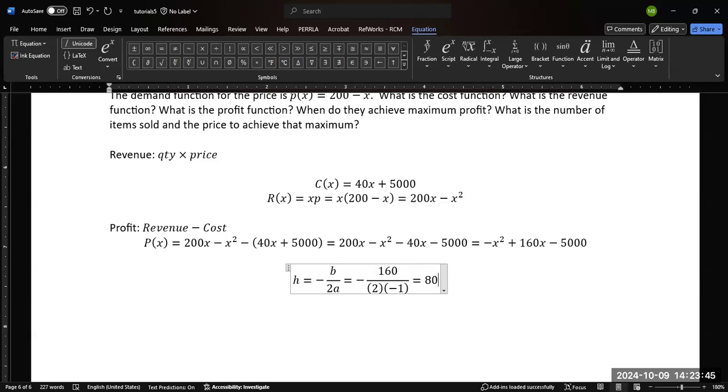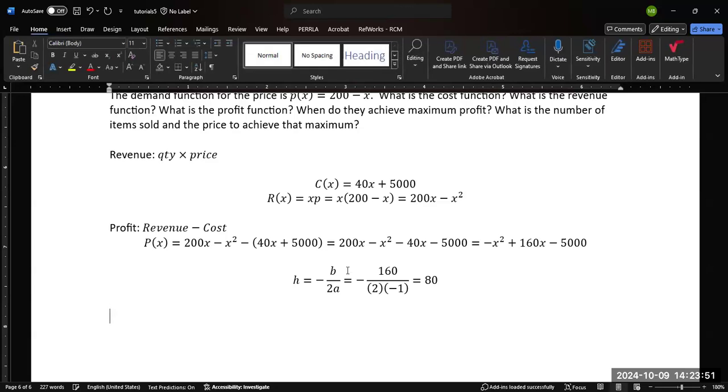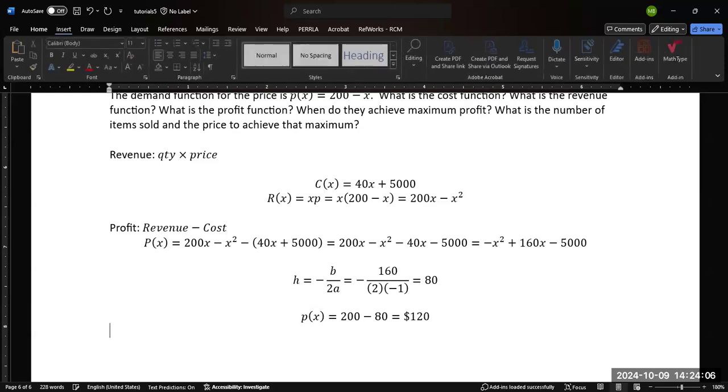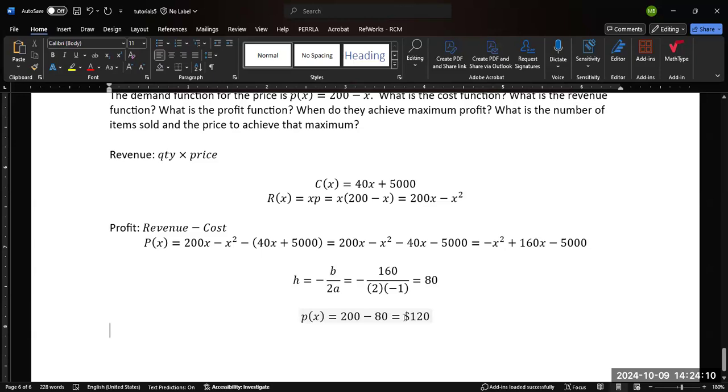So I need to sell 80 items. That's the X, the number of things sold. And therefore, the price to achieve that, I'm going to put into my little p of X. 200 minus 80 is going to give me 120. So I will make the most profit if I sell 80 items at a cost of $120.